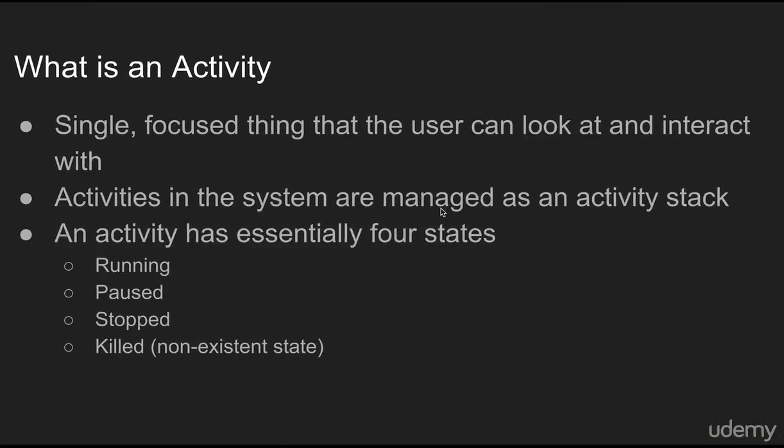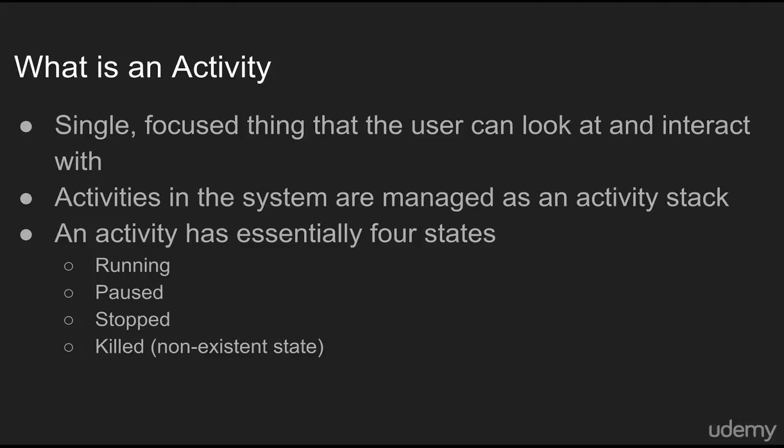And while activities are often presented to the user as full screen windows, which was our case, they can also be used in other ways as floating windows using a theme. There's a theme called window is floating, which you can set and it will be a floating window, or you can embed it inside another activity using activity groups. So we'll look at them a little later.